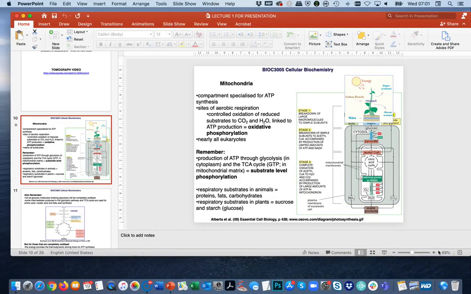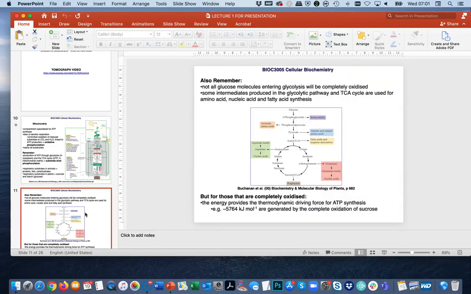Now, when we look at that breakdown, okay, of glucose, we also have to remember that not all glucose molecules entering glycolysis will be completely oxidized. And that's because some of the intermediates that are produced in glycolysis and also the TCA cycle are used to make other compounds.